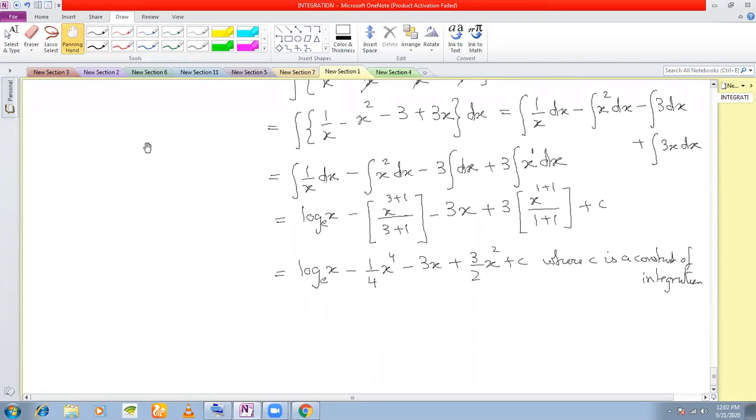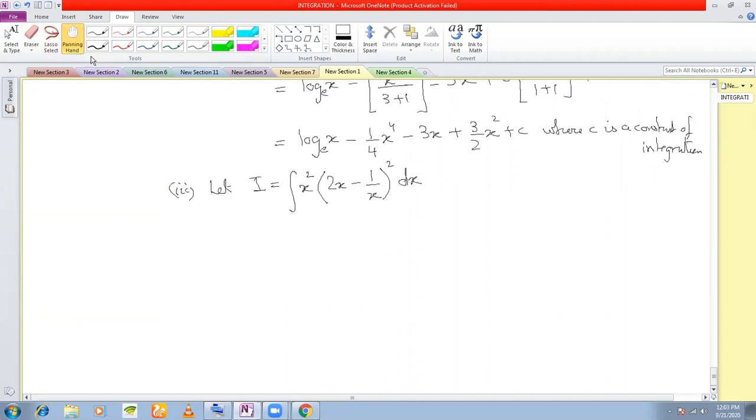Next one, the third part, number 3. Let I is equal to integration x square into 2x minus 1 by x whole square dx.